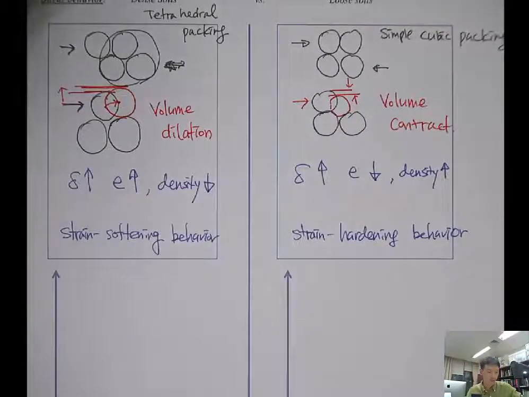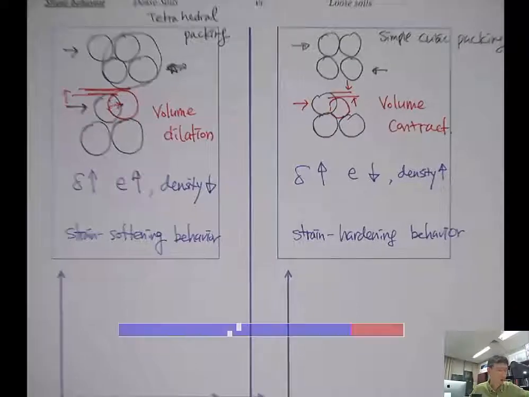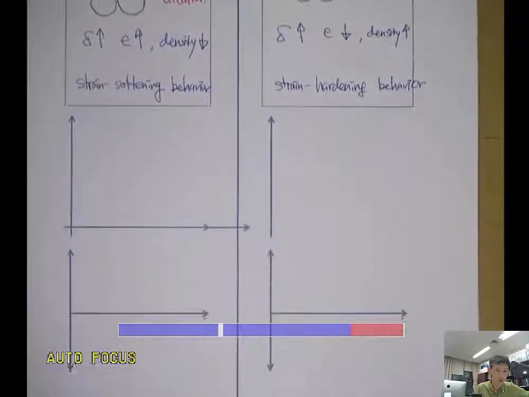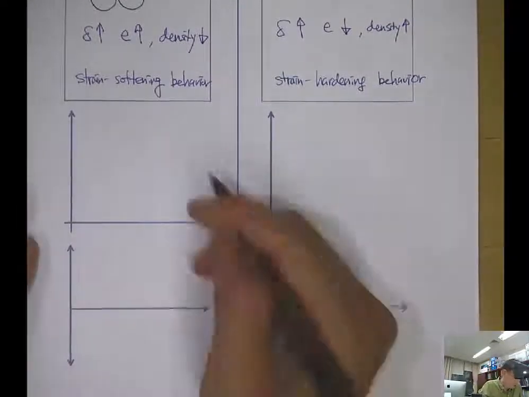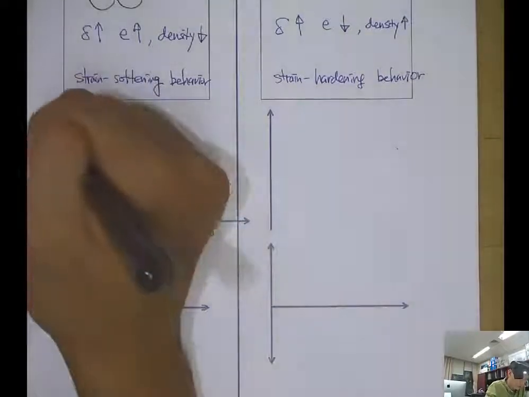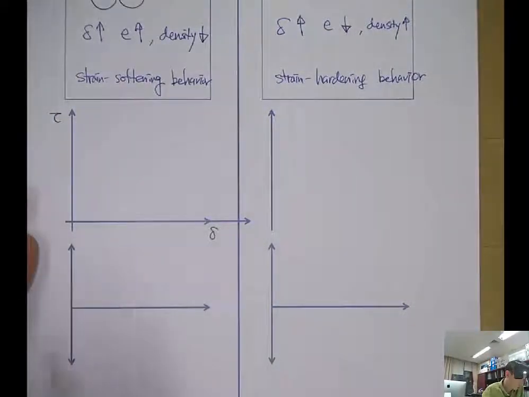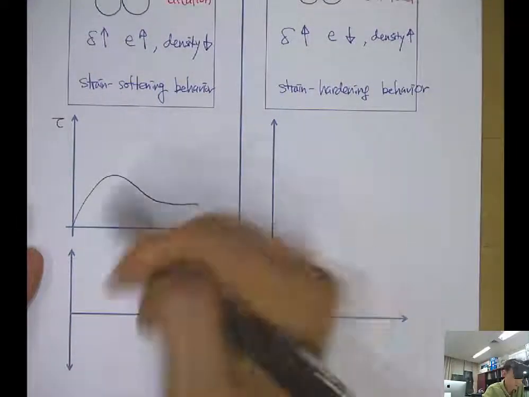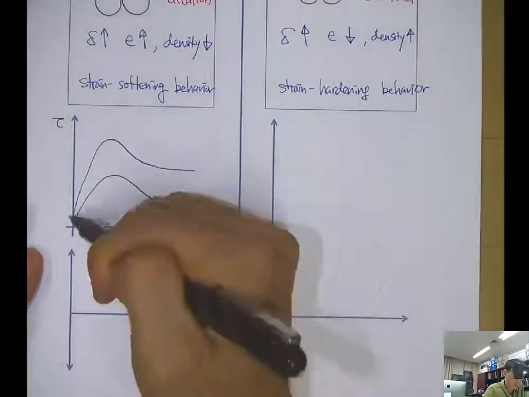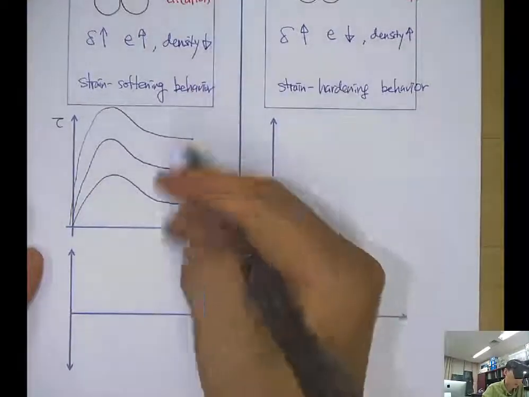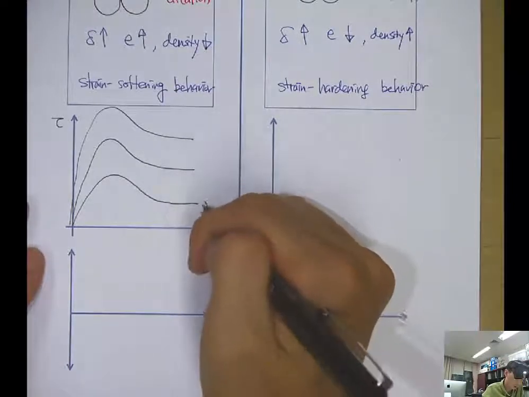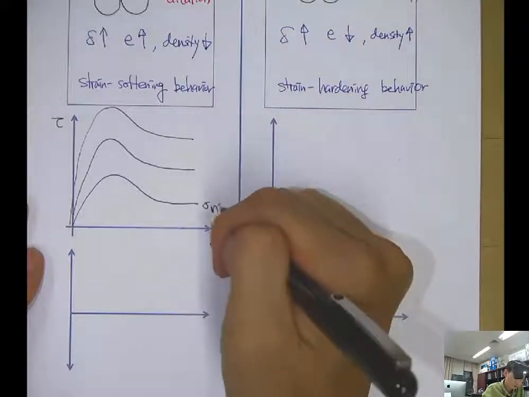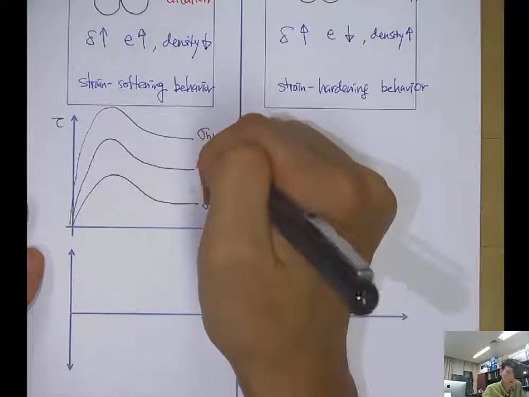What about the stress-strain curve? So this is delta, and this is the shear stress. In the shear of the dense soil, you have this kind of post-peak behavior, as the normal stress increases: sigma n3, sigma n2, sigma n1.